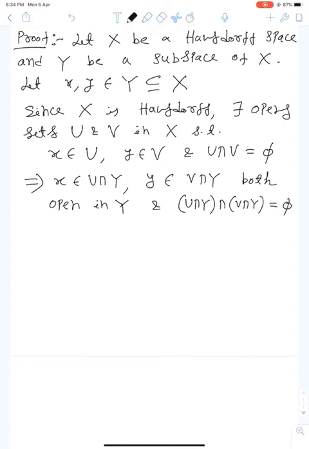Right? So that implies Y is also Hausdorff. So this proof is a simple one, right?